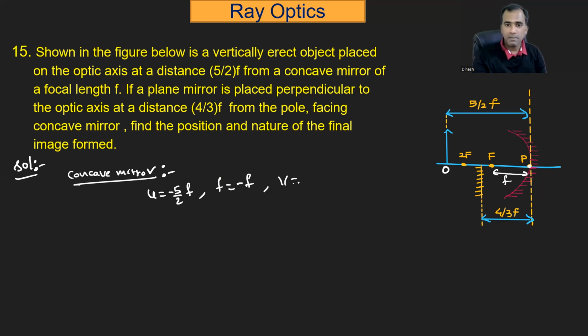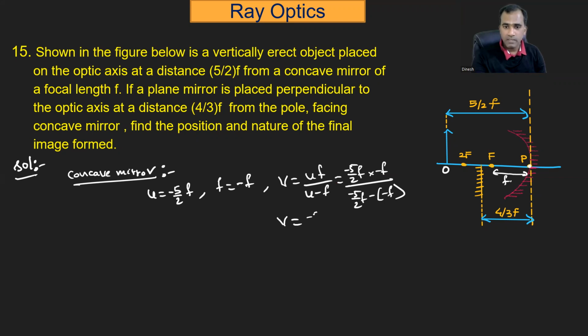So from this, can we find the image distance? v equals u f divided by u minus f, which is minus 5 by 2 f into minus f, divided by minus 5 by 2 f minus of minus f. What is the v value now?